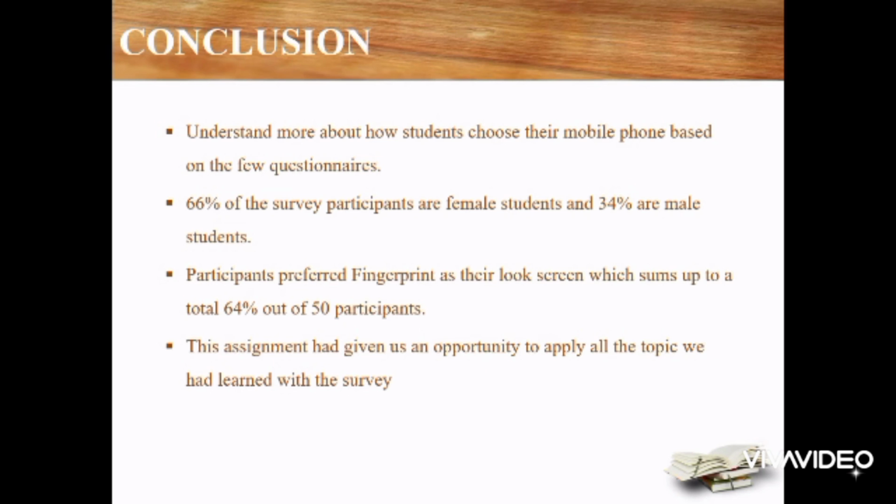So we can conclude that we understand more about how students choose their mobile phone based on a few questions, and about 66% of the survey are female students and 34% are male students, and most of the students prefer to use fingerprint as their lock screen. In total, 64% out of 50 participants.